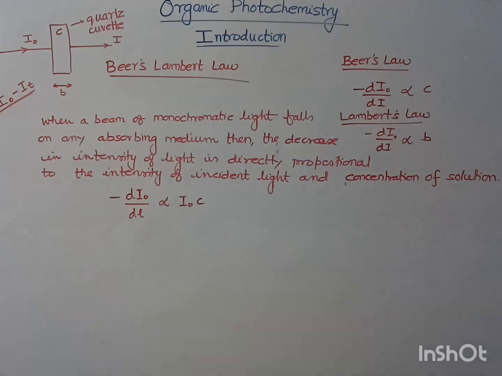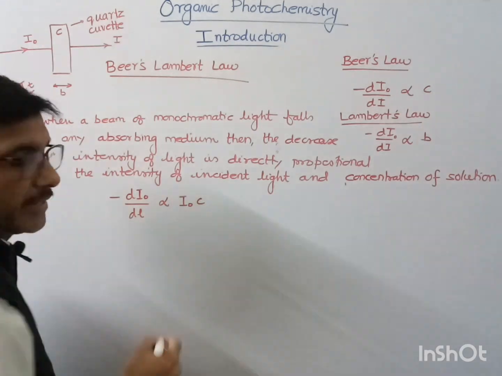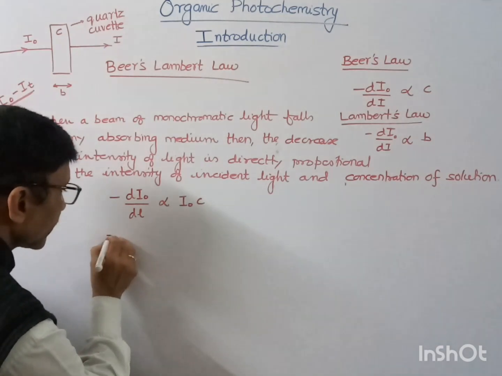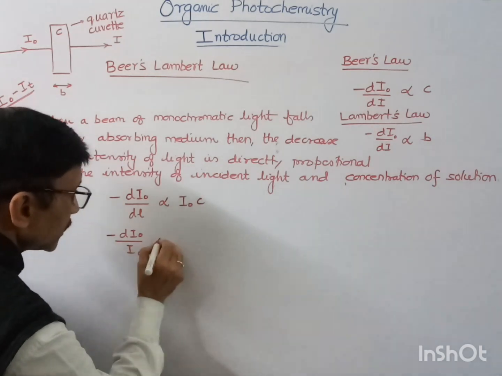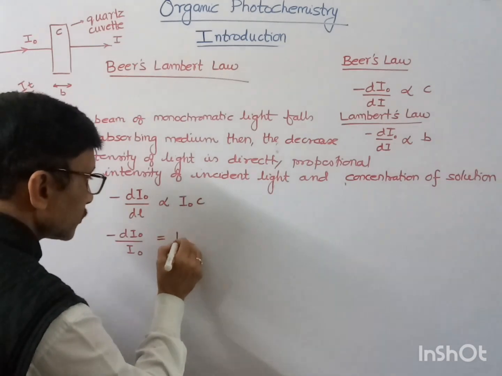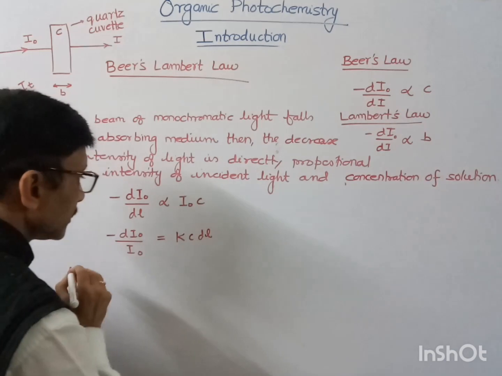Okay, so this is our statement for the Beer-Lambert law. Now suppose we want to integrate this. Then we can write dI upon I0 equal to, taking the proportionality constant as K, C dL.